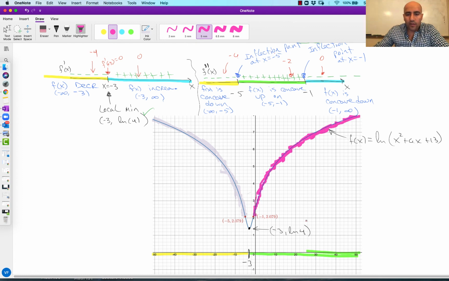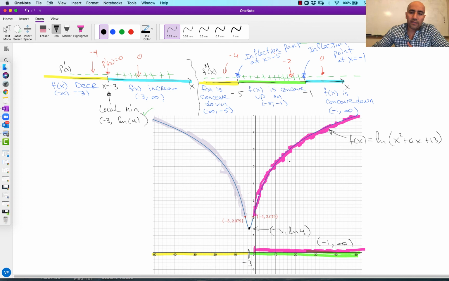They start from -1, maybe right around there, to infinity. So on the interval from -1 to infinity, the function is concave down. That's what we have here, f of x concave down from -1 to infinity.